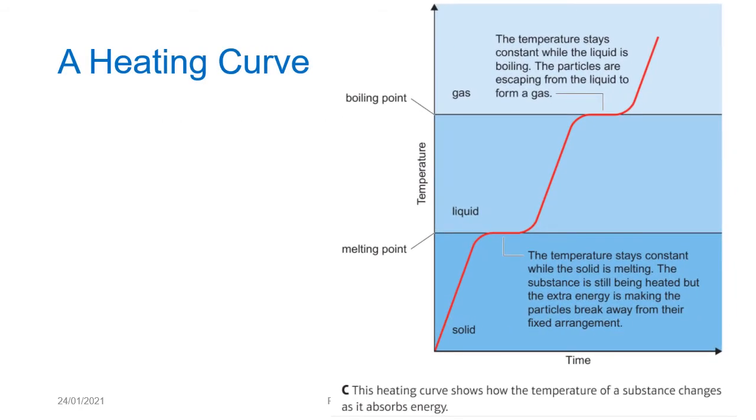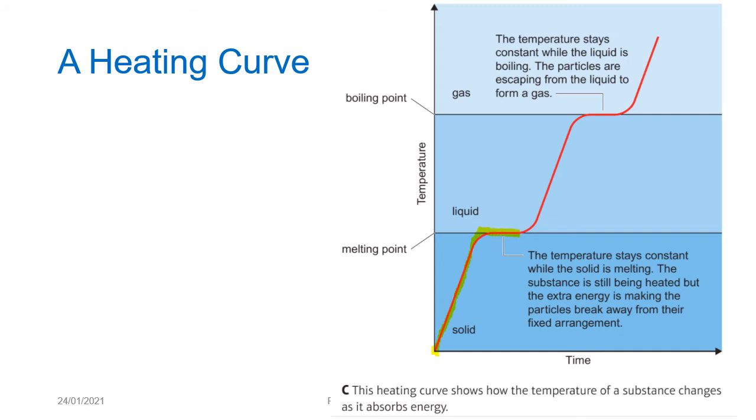So we get what's called a heating curve, which looks like this. We start at the bottom here and we start to heat it. With time, the solid increases in temperature as thermal energy is added. Once it gets to the melting point, even though we're continuing to heat, the temperature doesn't go up.